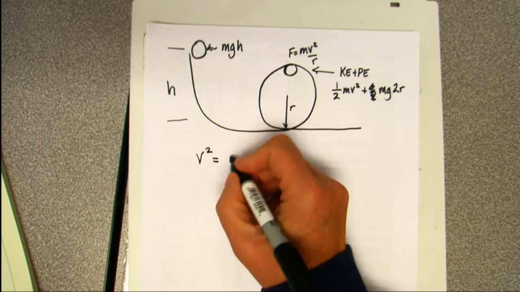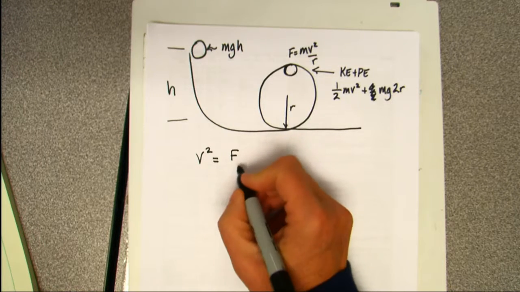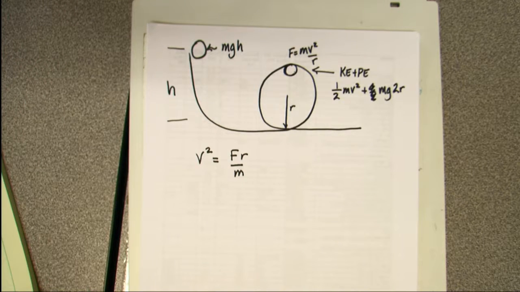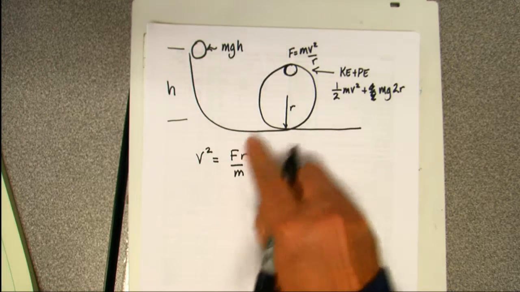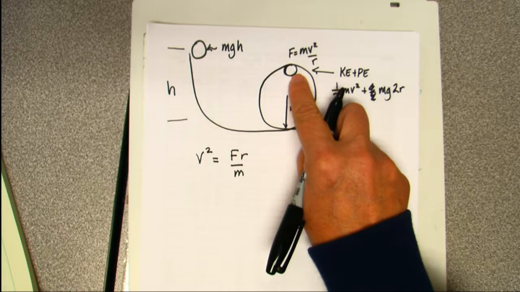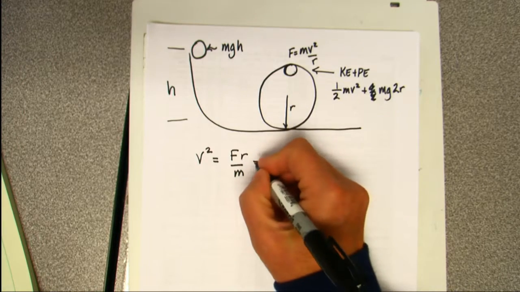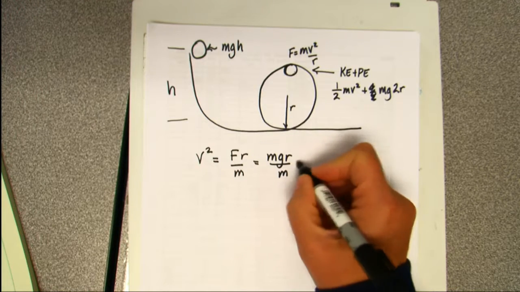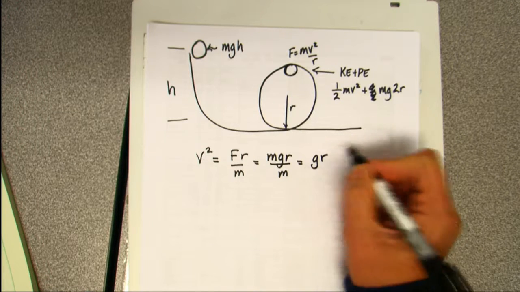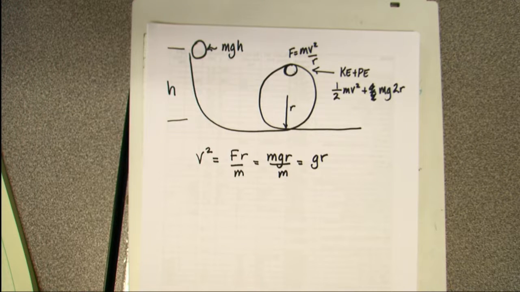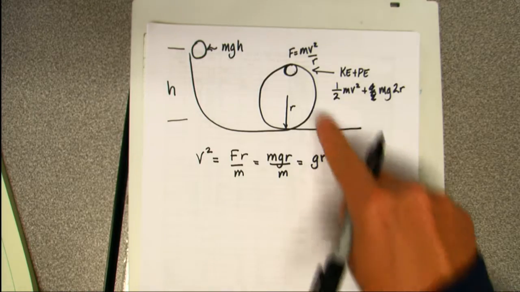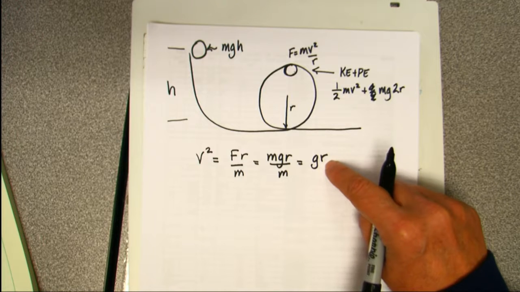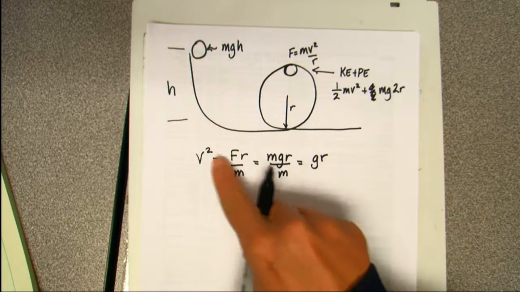V squared has got to be the force times R divided by m. But the force has got to equal the weight of the ball, so this just becomes mgr over m, which is gr. So the velocity squared that I have to have is just gravity times r.